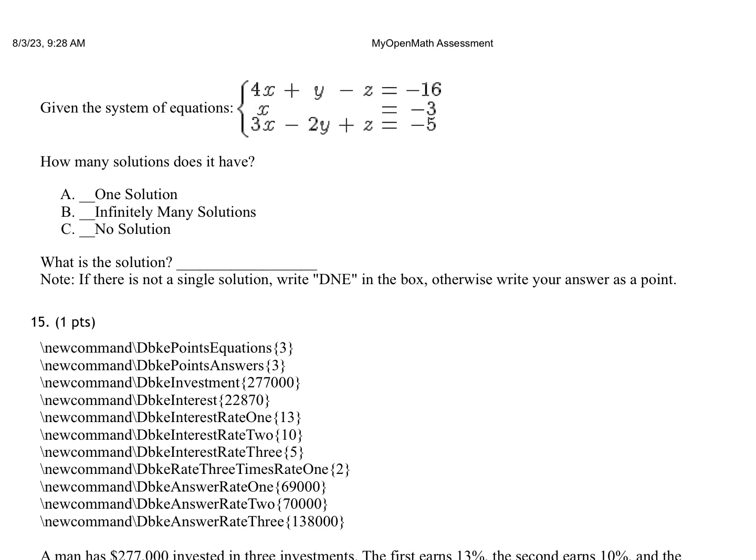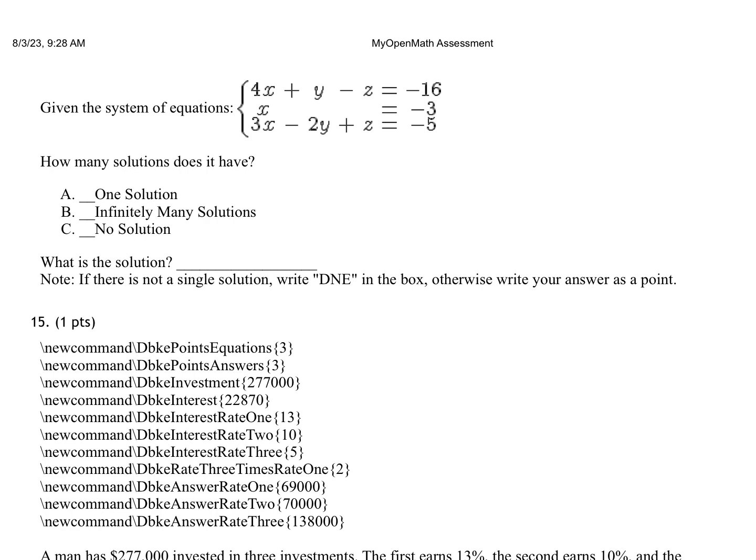All right, number 14. Given the system of equations, how many solutions does this have? Okay, so the second equation, I thought it was a mistake, but it's not. It's just x. So the second equation is just x equals -3.